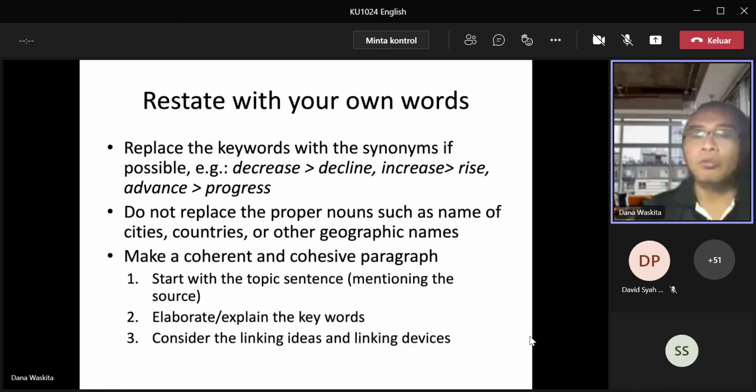Make sure of the relation between one sentence and another sentence. By linking ideas, meaning that you can also use pronouns like these, they, and some other things, to make it logically arranged and flow smoothly.